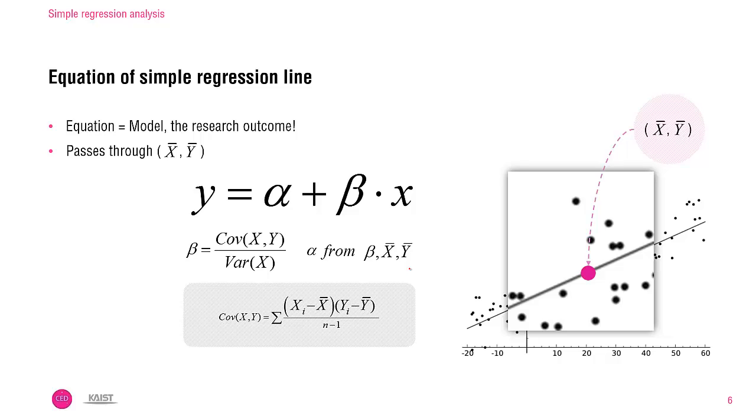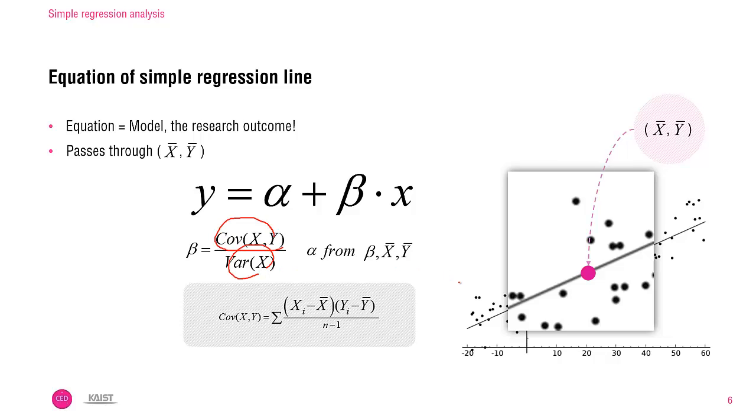Firstly, the beta indicates the degree of inclination, the degree of slope. This inclination is supposed to be the best fitting slope, best fitting to explain the entire data. And the beta is calculated by dividing the covariance of x and y by the variance of x.